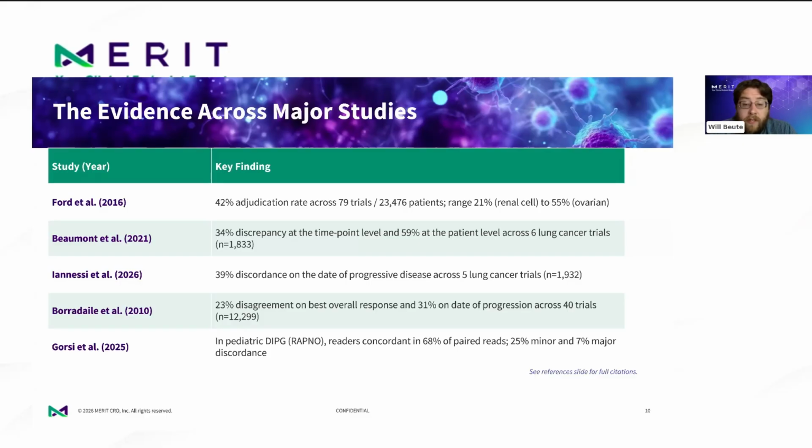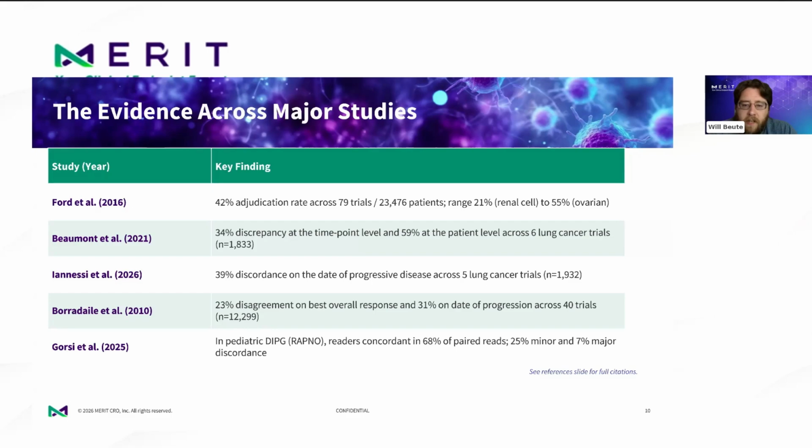INSE and colleagues found 39% discordance specifically on the date of progressive disease across 5 lung cancer trials. Borodale and colleagues in a very large data set of 40 trials and more than 12,000 patients found 23% disagreement on best overall response and 31% on the date of progression.